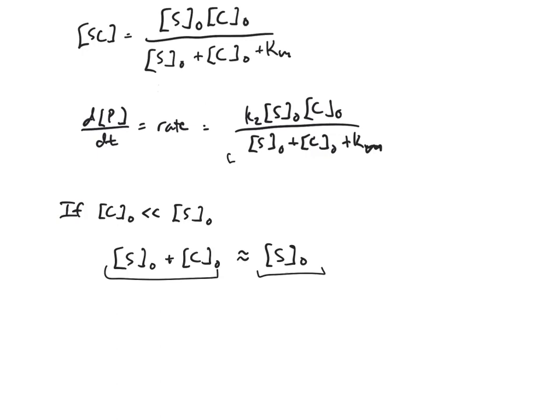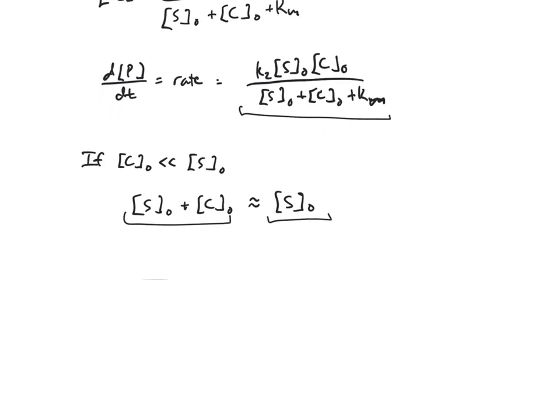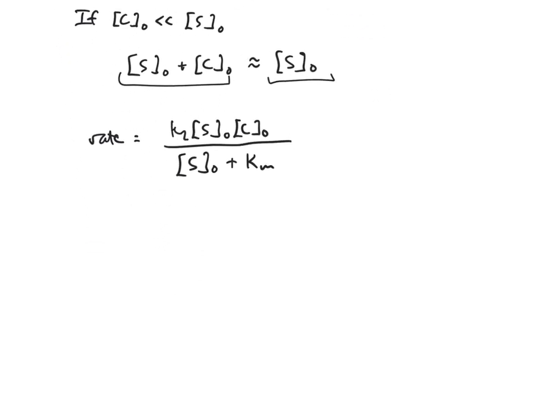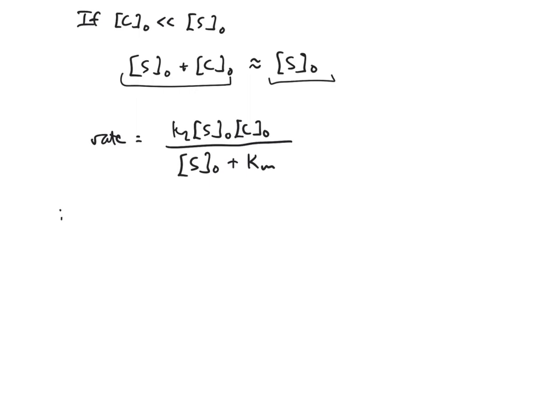And so when we go back to this one right here, what do we get? We get a rate equal to K2, concentration of S, concentration of C, over S0 plus Km. And this is what we're going to be using for the Michaelis-Menten kinetics. Okay, final thing.